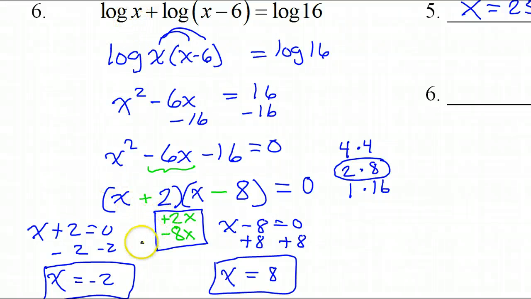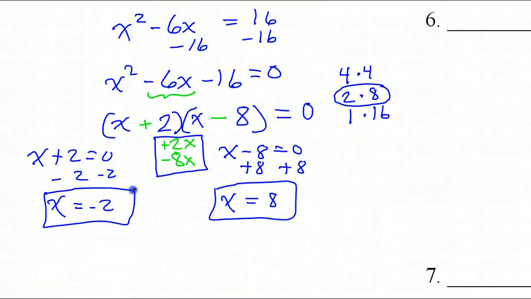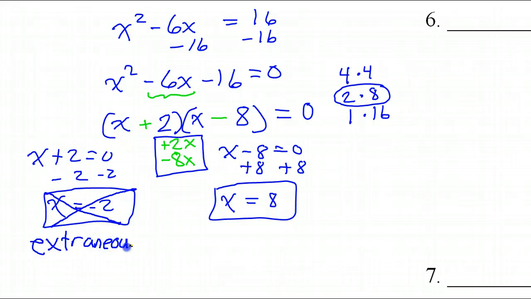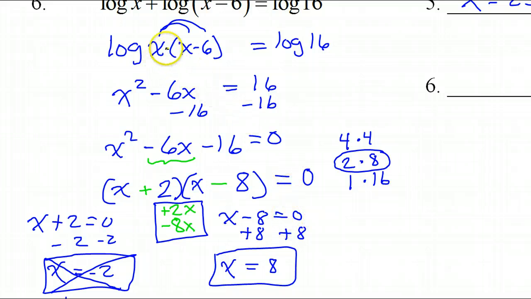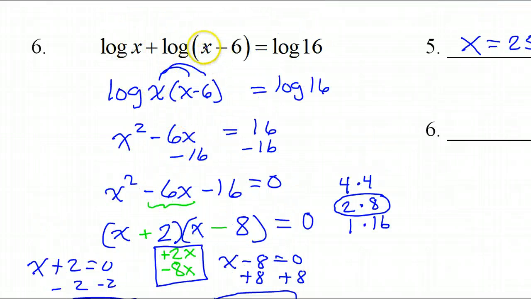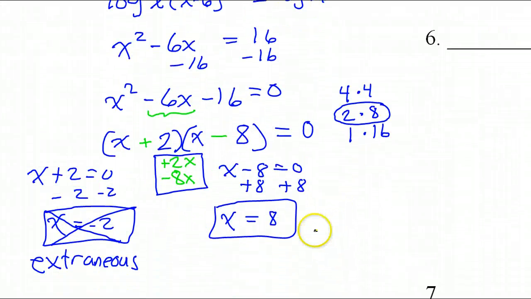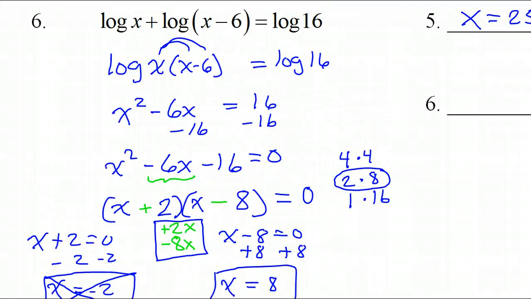So -2 is extraneous immediately. So I'm just going to cross that out and write extraneous. All right, how about the 8? Well, it's positive, and then 8 minus 6 is +2, so the 8 is okay. So that will be my one and only solution to number 6.